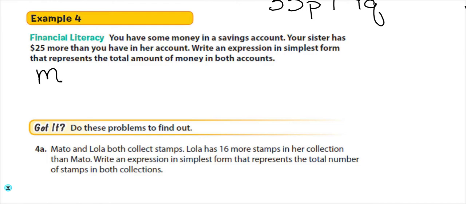All right. We need total. So what are we doing? We're adding. Now your sister has $25 more than what you have. Well, how much do you have? We don't know. We have M amount. So if we have M and our sister has 25 more than us, then that means she has M plus 25. Okay, so this is you, and this is your sister.